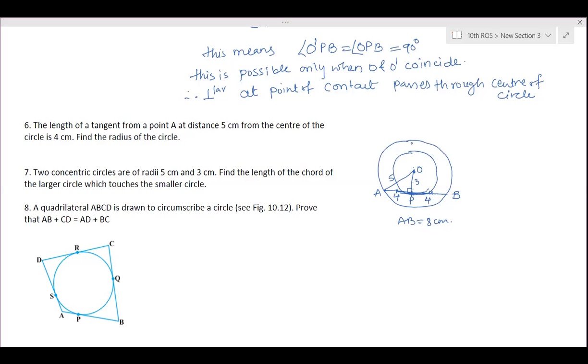Complete? Yes, ma'am. Even the ninth is also the same.